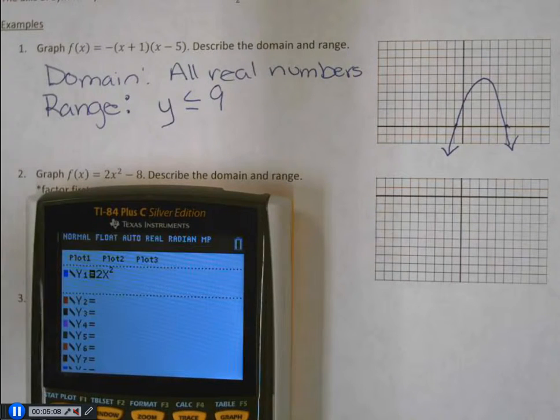And then minus 8. Okay, then I want to hit graph.